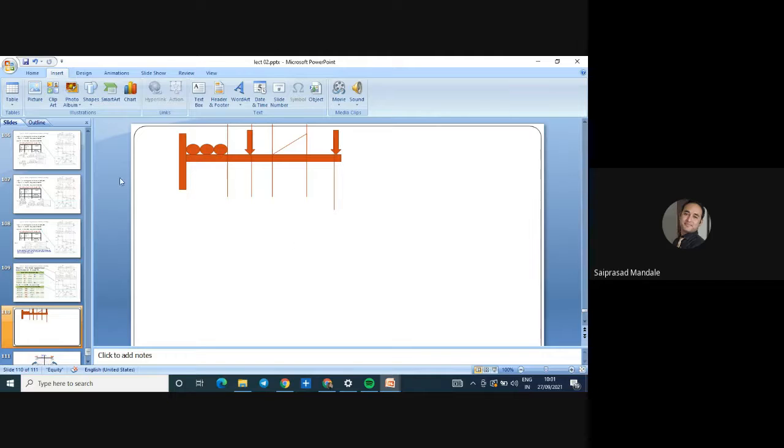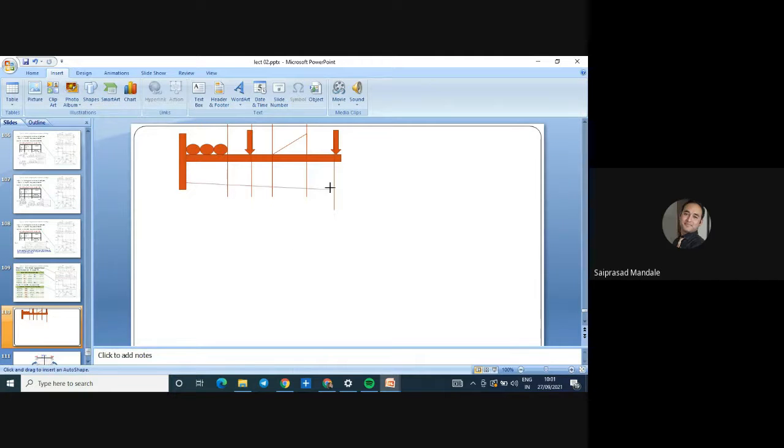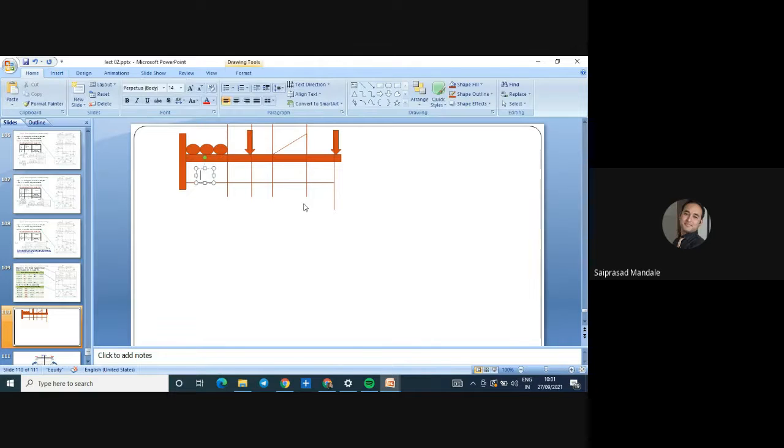This is the different length, and the last point is 3. Then it is 2.